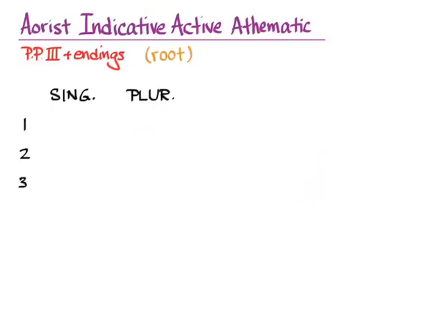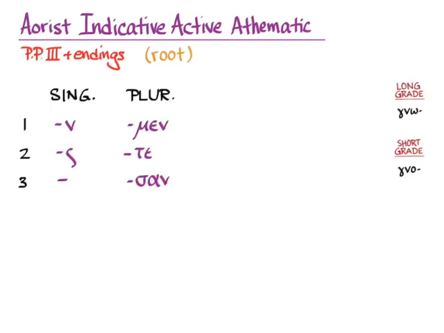So the aorist indicative active, and it's athematic, as we said, root aorist for gignosco, which, by the way, has no middle forms from the aorist, goes this way. First of all, we're going to use the long grade and these endings. These are the endings you're familiar with already from the root aorist of histemi.